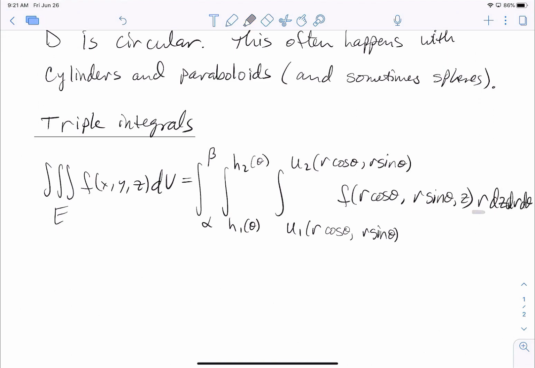That r is showing up because of what we know from polar coordinates with r dr d theta.